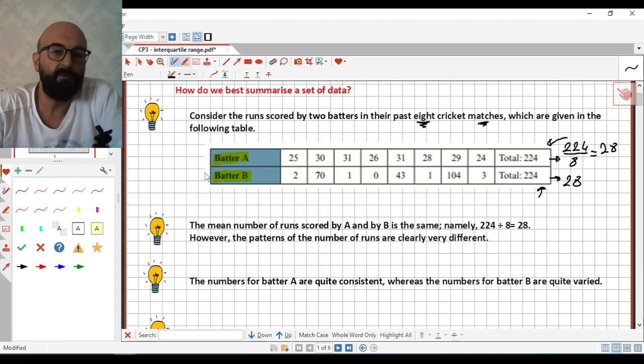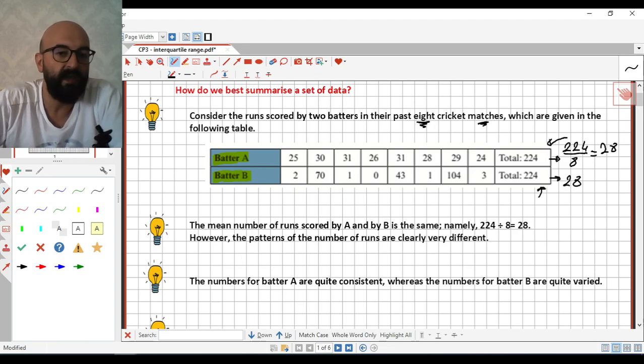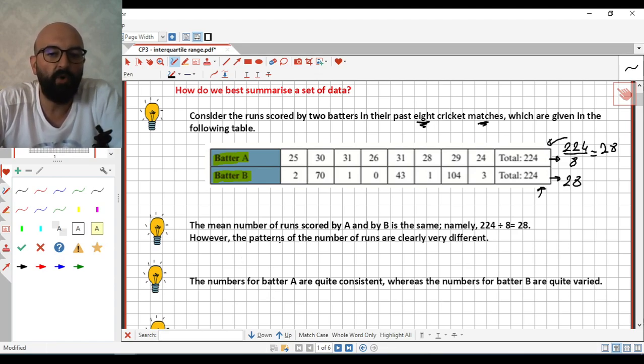What will we look at, other measures of the data? The mean number of runs scored by A and by B is the same, 28. However, the patterns of the numbers of runs are clearly very different.